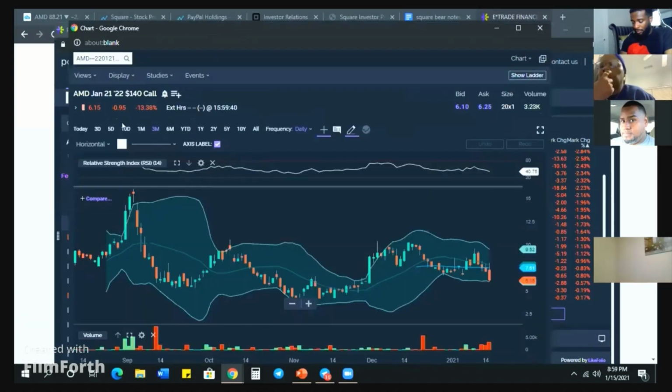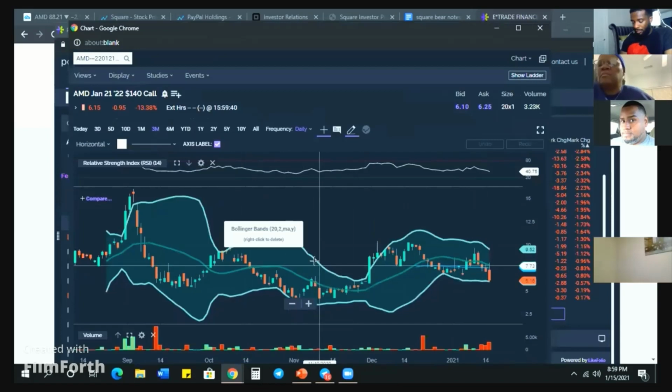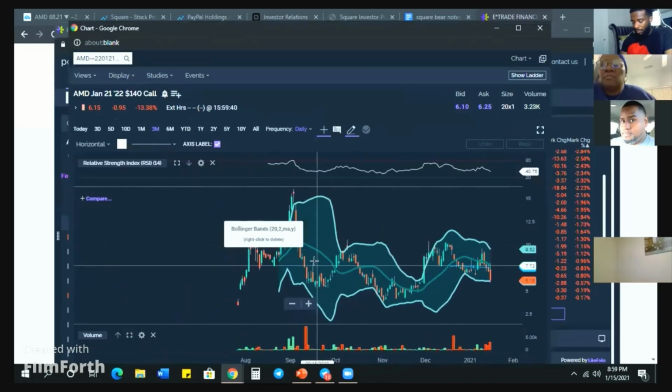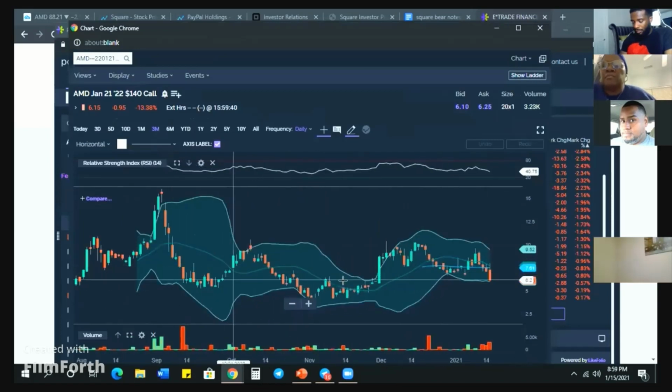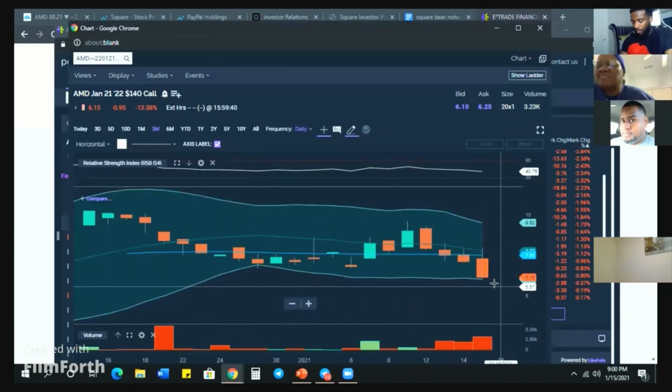Now the only difference that I do on this one is I don't necessarily care where it went during the day. I just want to know where it ran for the most part. So I normally do it with a line chart. But today I was looking for this to see where I could get in at. So I was actually able to get all the way in at that little wick. You see that little wick at the bottom? That's where I was able to get in.